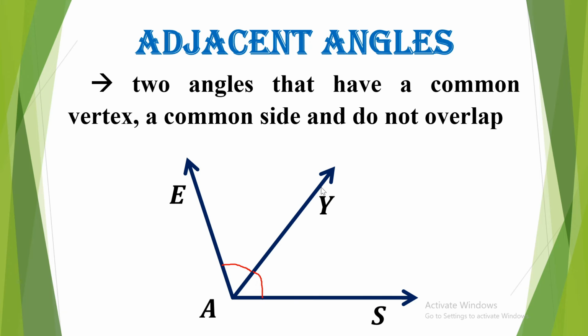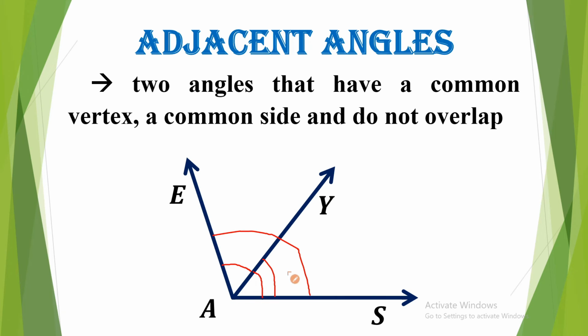Let's have an example of two overlapping angles. We have angle YAS and angle EYS. So take note, if we're going to compare these two angles, they both have a common vertex. Again, it's at point A, and a common side because they both have ray AS.